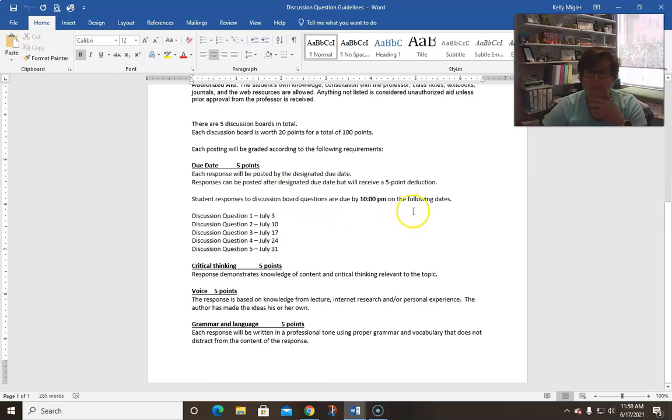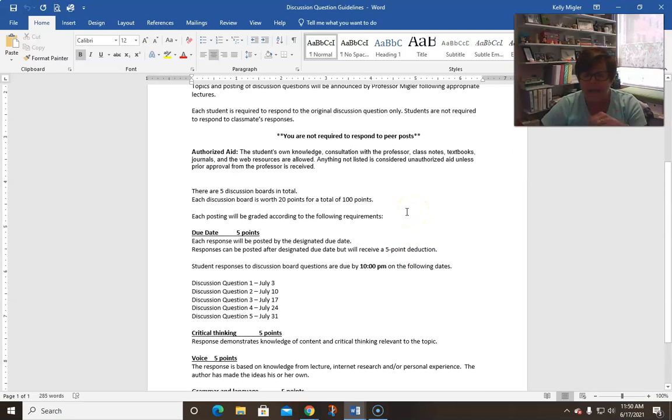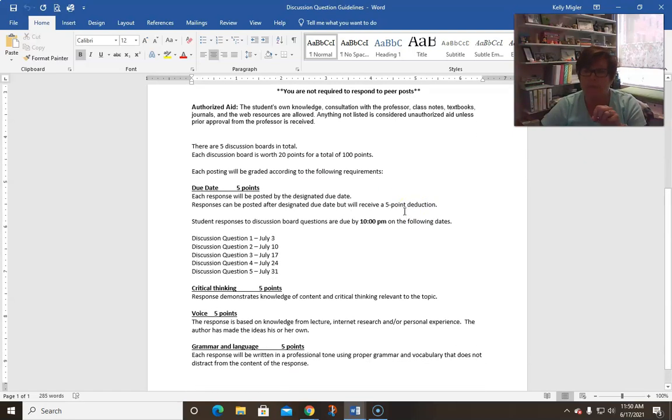Okay, and so in the grade book, you will see discussion questions. There's a column for each discussion question. After each discussion question, I will post your grade for each question, but then your total discussion question grade will not be entered until the end of the course, after you've entered all your discussion questions.